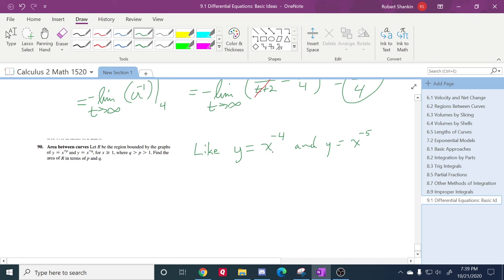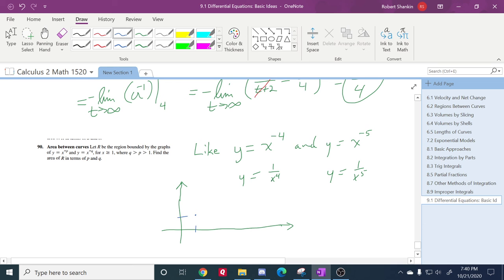Alright, now if I had these two things, and if I had 1 over x to the 4th, when x is 1, it's 1.